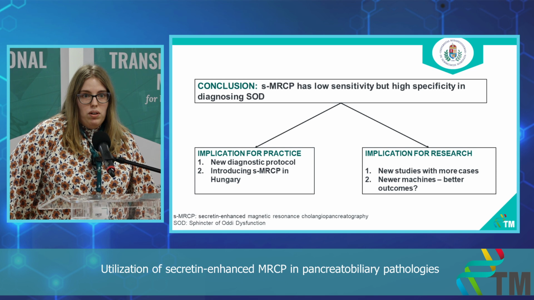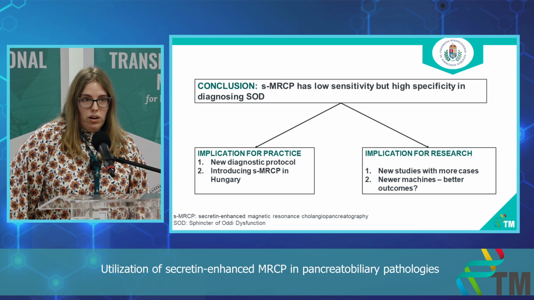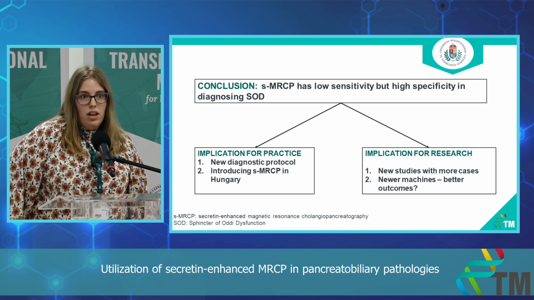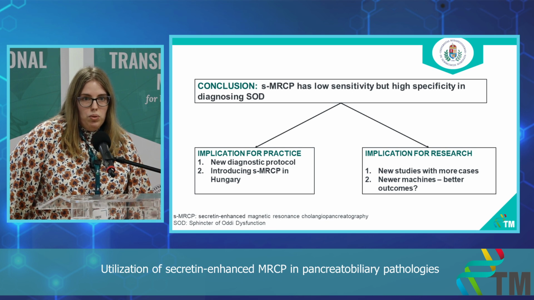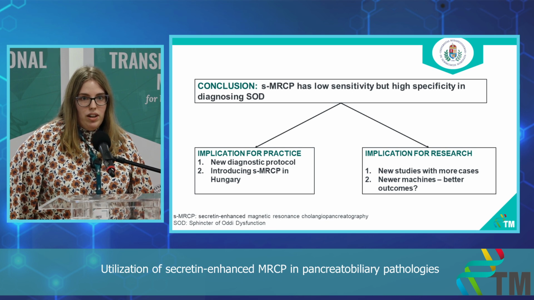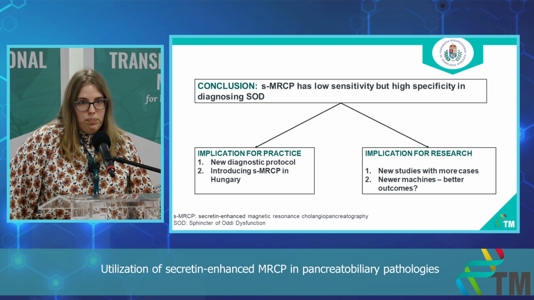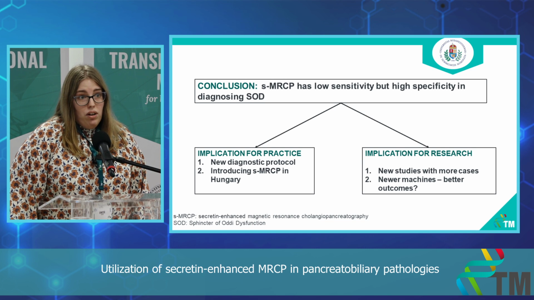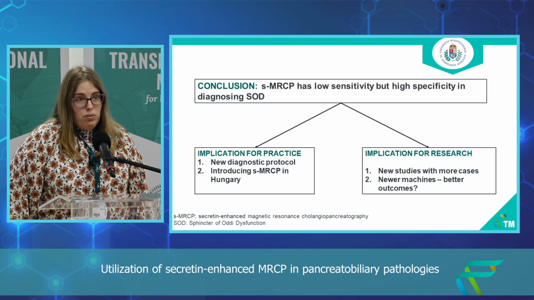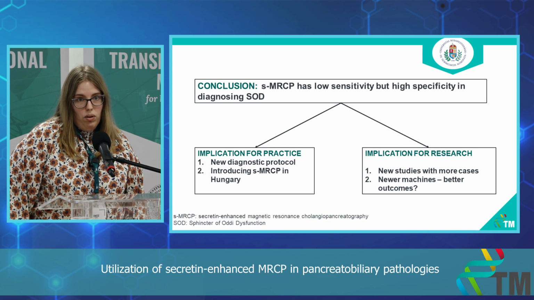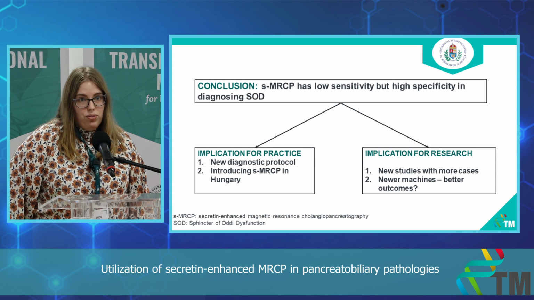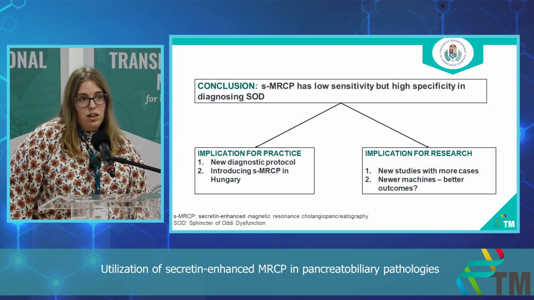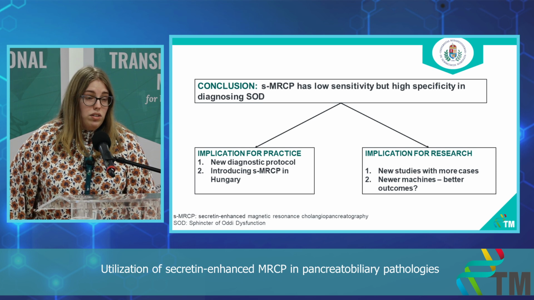And because we're already in 2024, and MRCPs have evolved since then, maybe we should conduct new studies on better machines like 3.0 Tesla or something, because maybe it will better the outcomes. For practice, if we are right, we could implement a new diagnostic protocol for suspected sphincter of Oddi dysfunction and also introduce secretin-enhanced MRCP in Hungary, because as of now, it is not available.